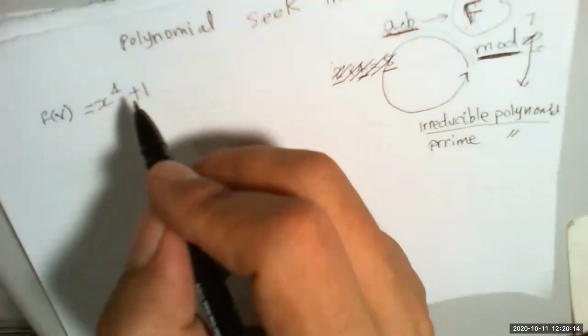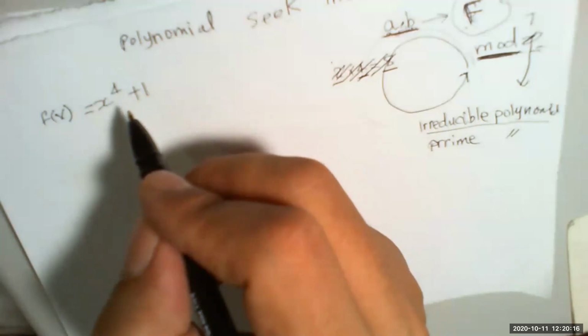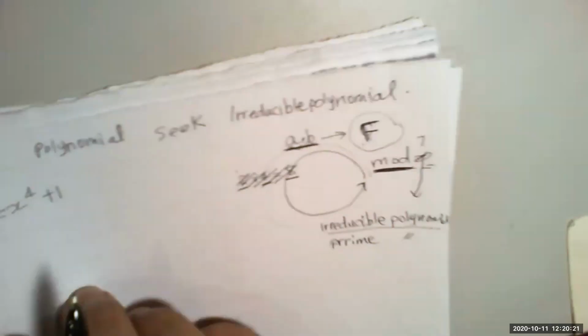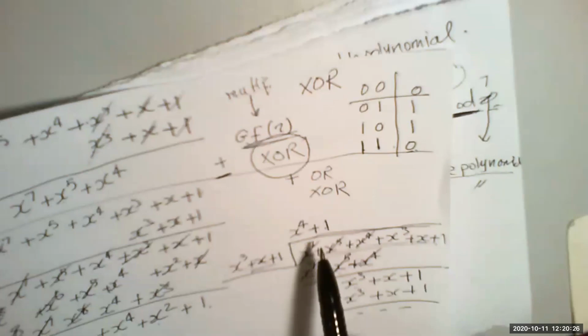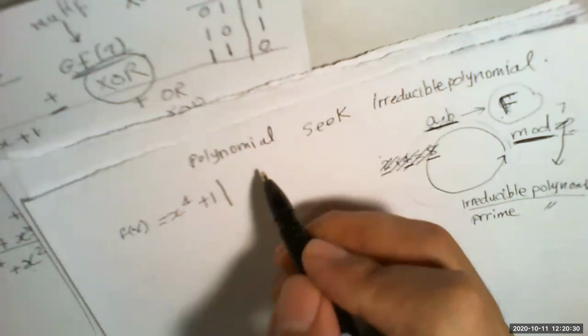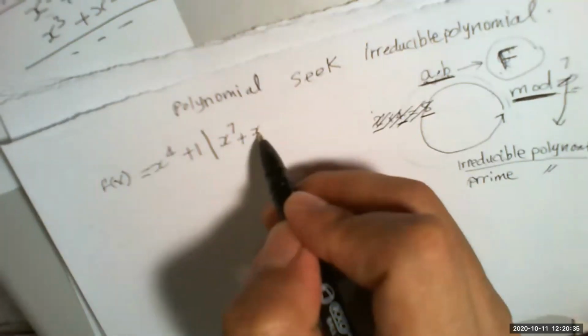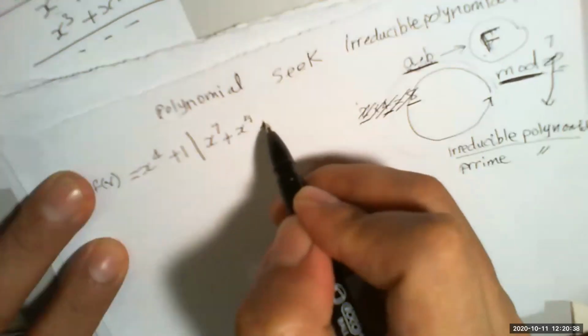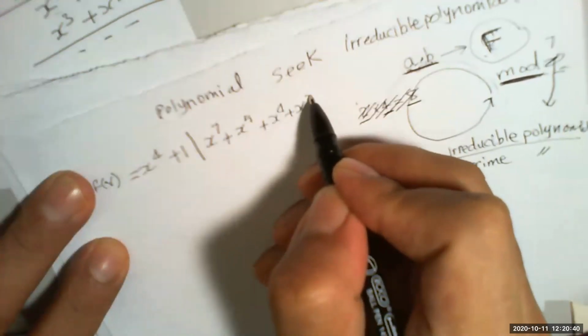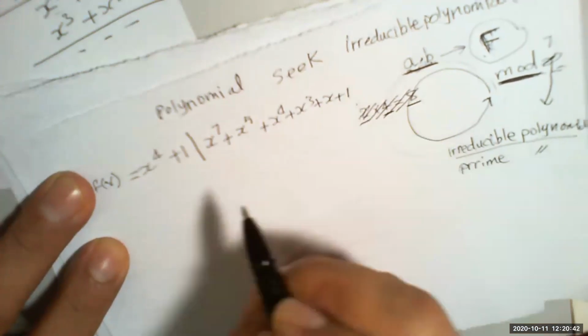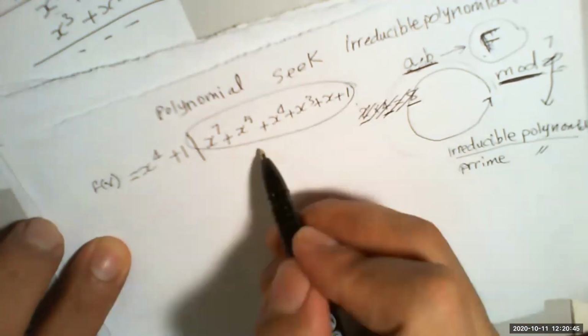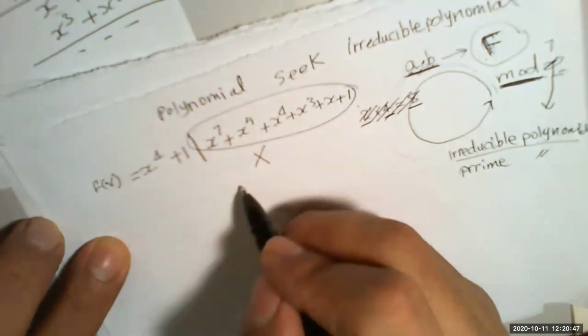Yeah, in the previous example, x to the power 4 plus 1 divides x to the power 7 plus x to the power 5 plus x to the power 4 plus x to the power 3 plus x plus 1. So this means this is reducible.